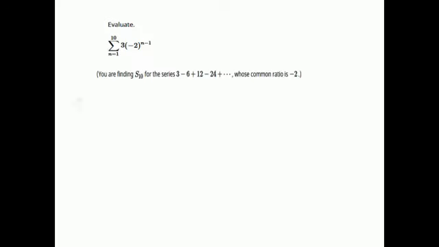Okay. So we can write the formula because sum of 10 terms we can write S10 is equal to 3 bracket 1 minus (minus 2) the power 10 divided by 1 minus (minus 2).